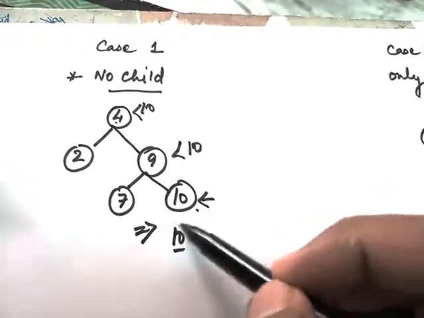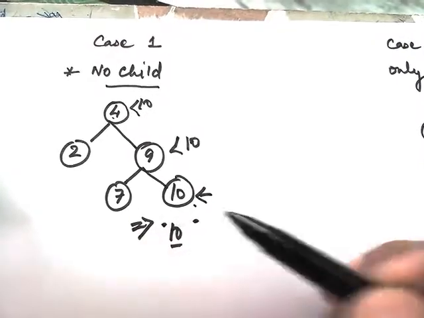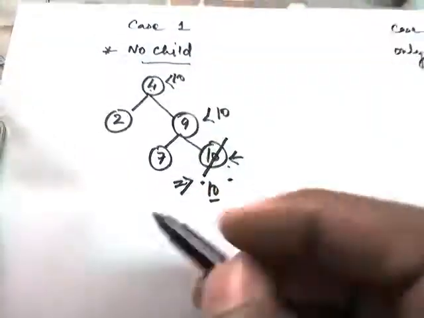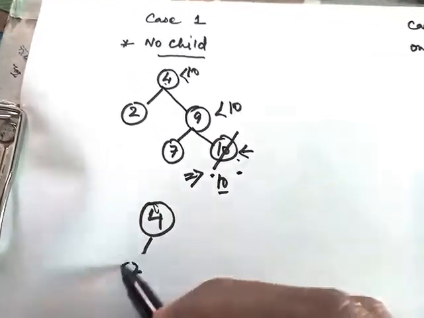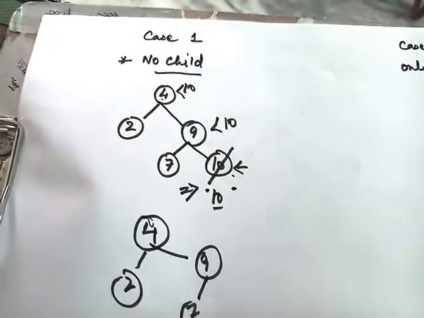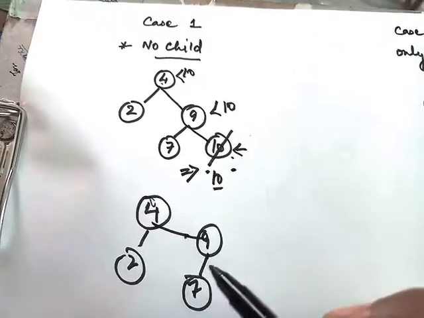So if this deleting node 10 has no left child or right child, we simply delete it. And finally, what tree will you get? 2, then it will be 9, then it will be 7. Now this is your resultant tree.